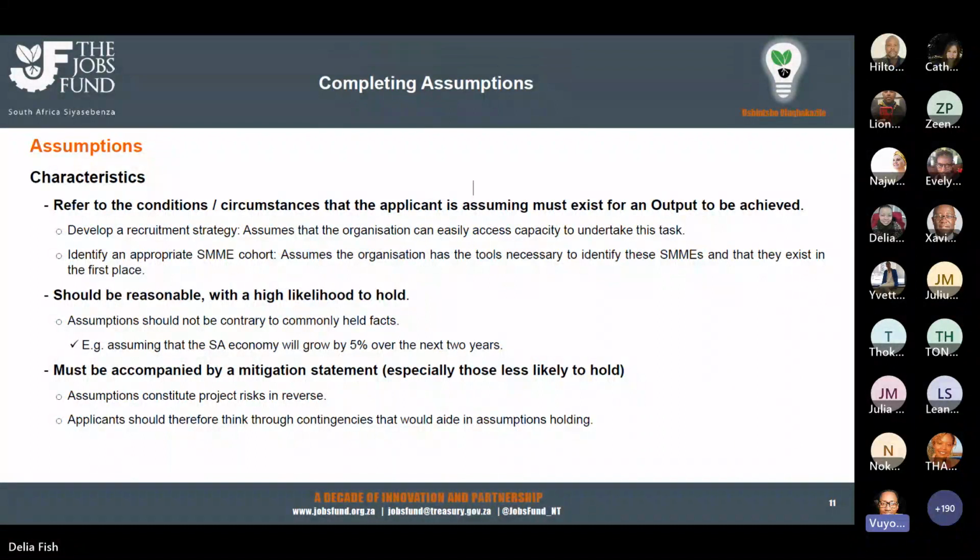An assumption like that, speaking to the realization of a particular output, is already a red flag insofar as the likelihood of that output being realized.